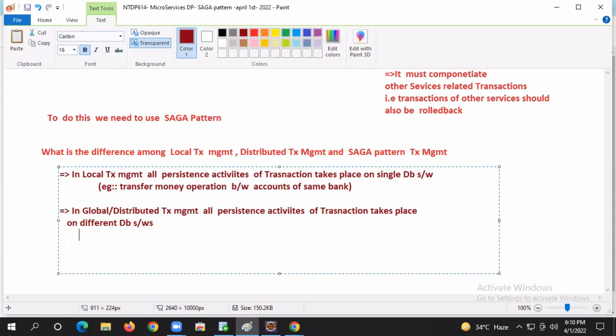Example, guys. Transfer money operation between two accounts of two different banks. Now listen, guys.